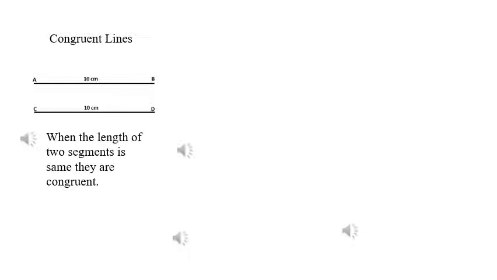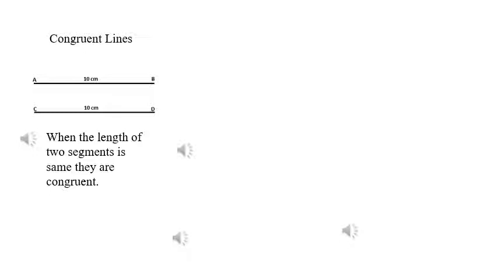Now we know what are lines, what are segments, what are rays. Now we see what are congruent lines. Now here you can see we have segment AB and segment CD. Both of them measure 10 centimeters. Whenever they give you lines of same length or same measurement, they are said to be congruent.